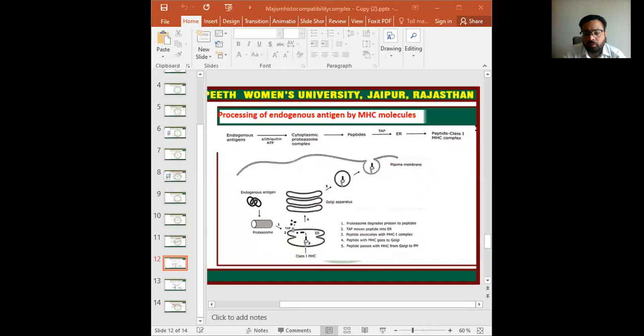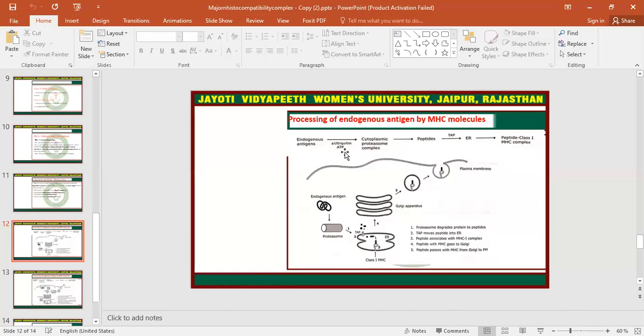Now we need to discuss the processing of endogenous antigen by the MHC molecule. For that, I need to share the screen here. This is the endogenous antigen. Endogenous antigen means the antigen is inside our body.